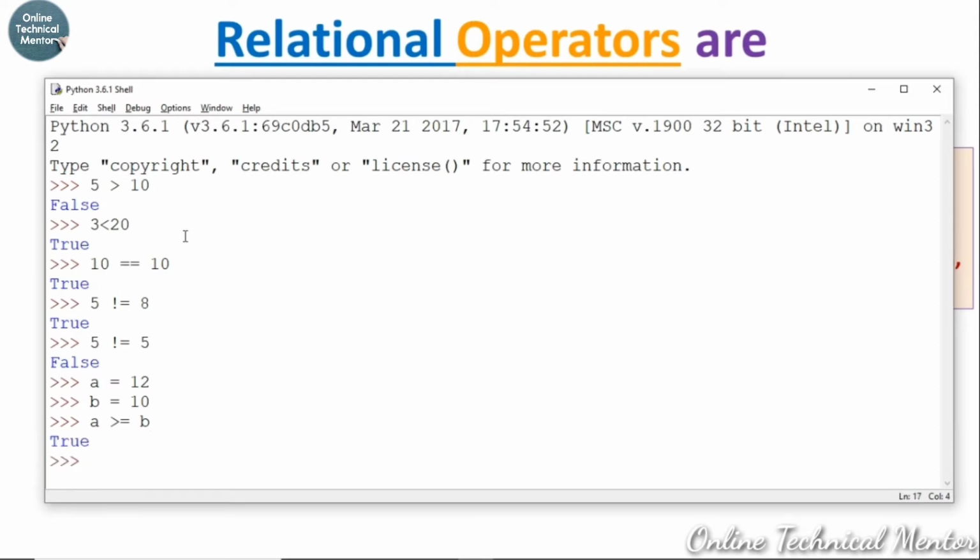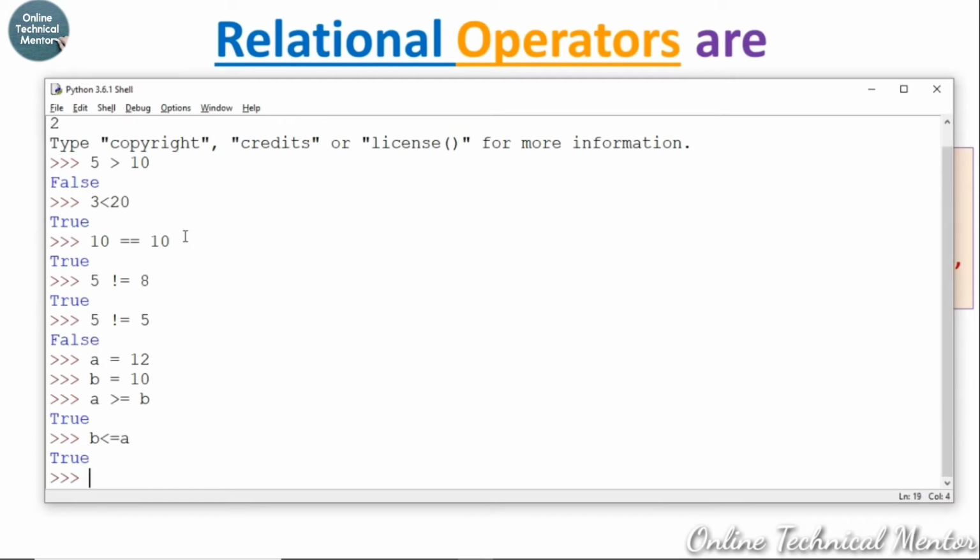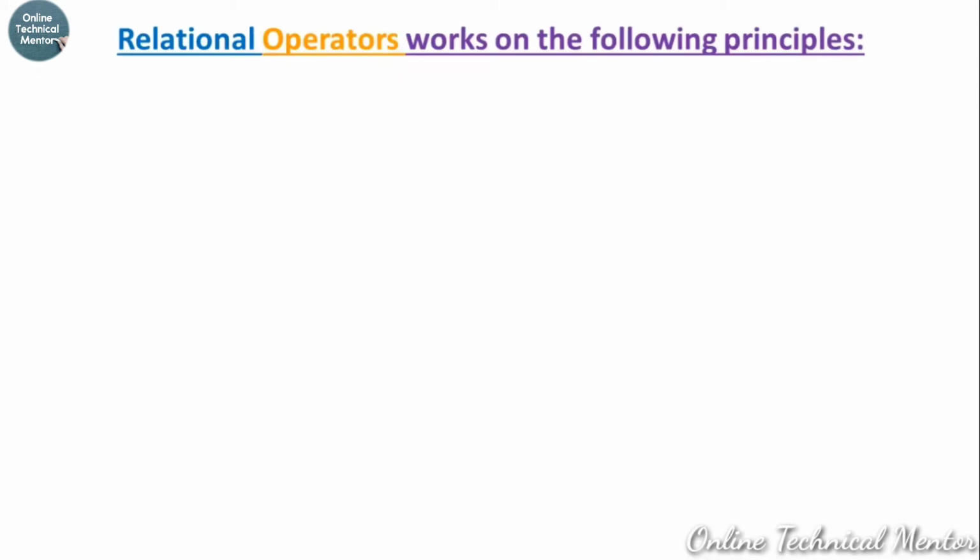Let's write another example, b less than or equal to a. Whether b is less than or equal to a. Obviously b is less than a, so it will give you True. So this is how you can use relational operators with variables along with values.